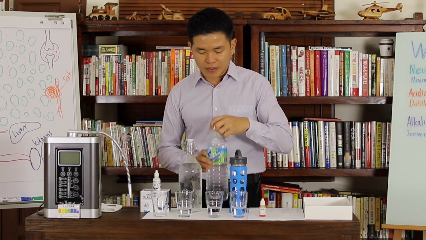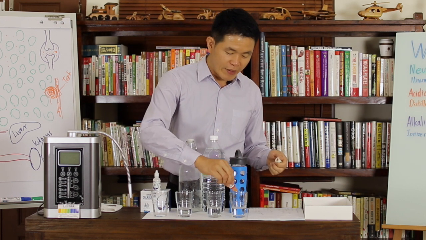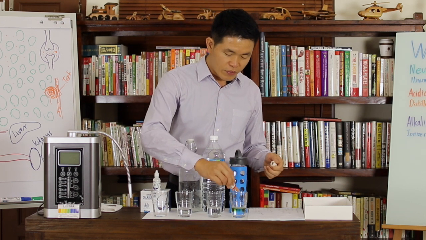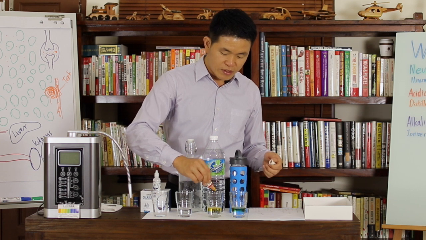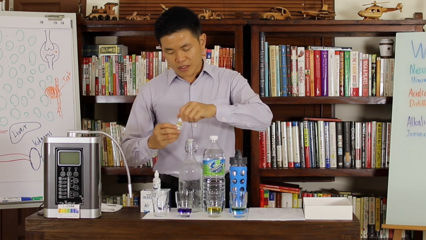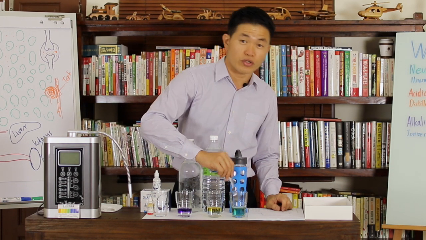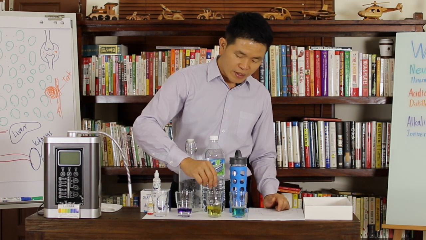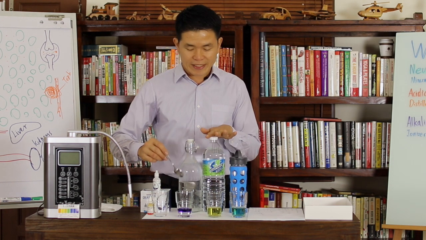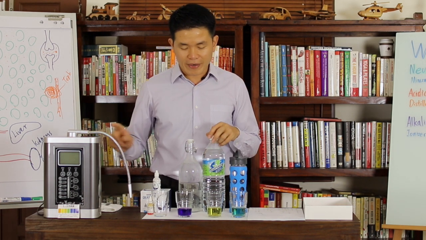Okay, all right. First, I drop in the pH tester. This is tap water, and then this is distilled water, and this is alkaline water. As you can see, the difference is very obvious. So tap water, the pH is neutral. The green color is neutral, and the distilled water is acidic, and the ionized water from the ionizer is alkaline.